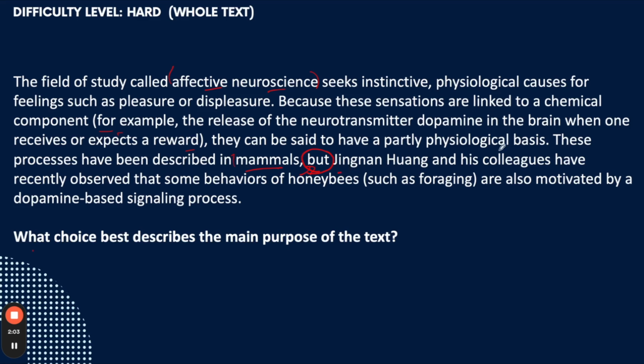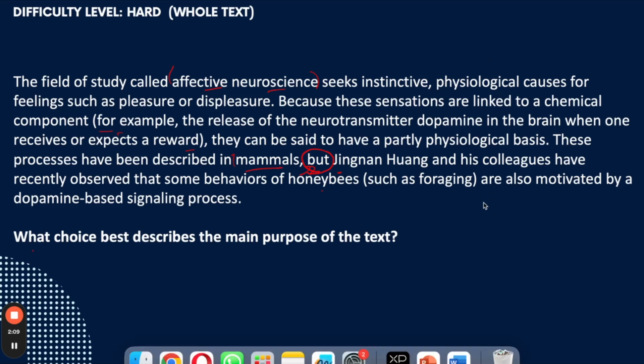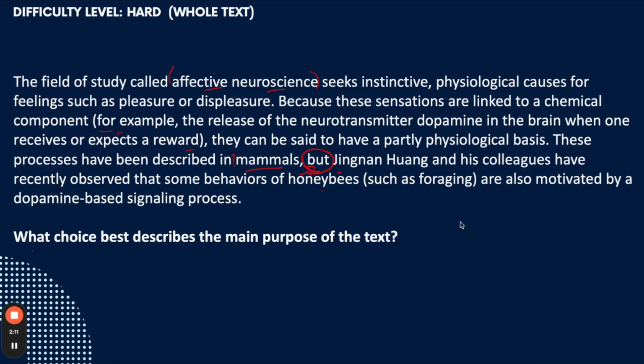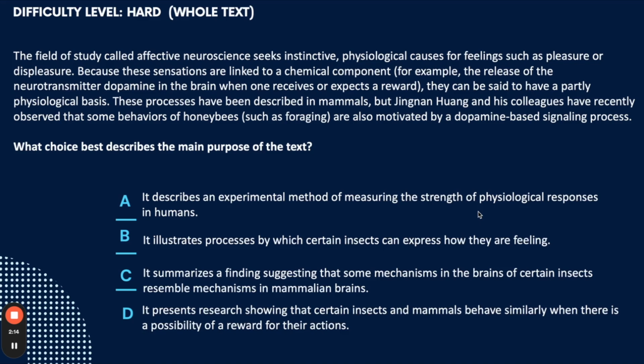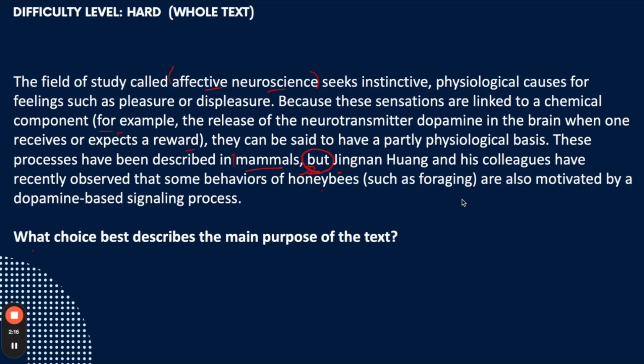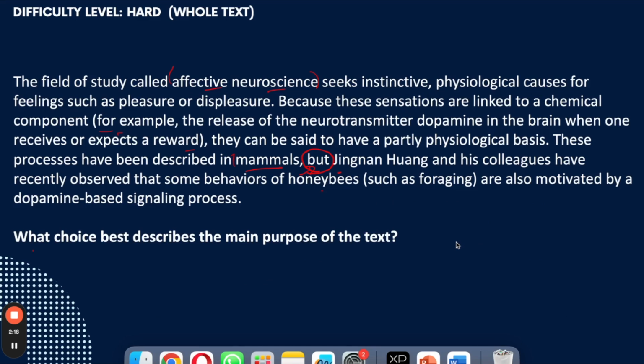J.H. and his colleagues have recently observed that some behaviors of honeybees are also motivated by dopamine-based signaling processes. This process was seen in humans or mammals, but this study showed that honeybees also exhibit behaviors driven by dopamine, suggesting a similar psychological basis for emotions in different species.